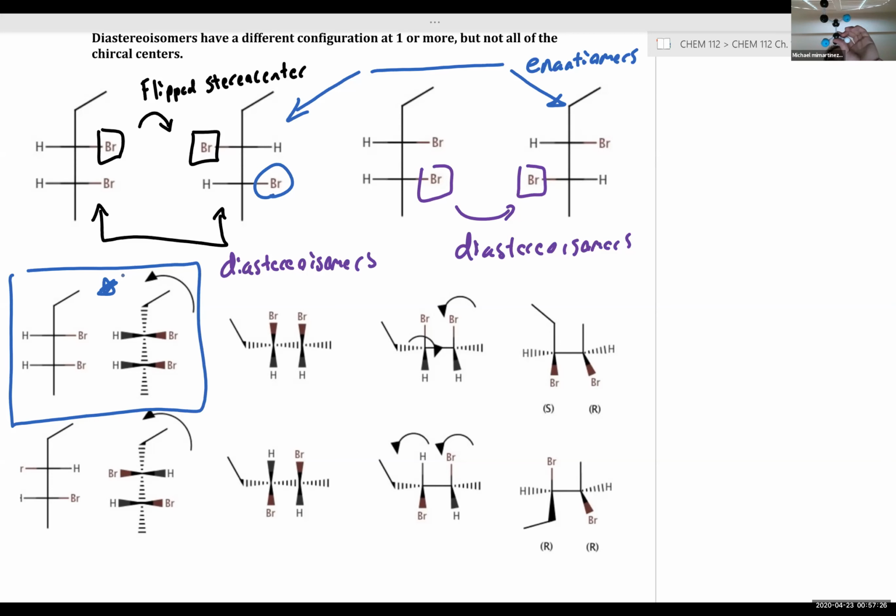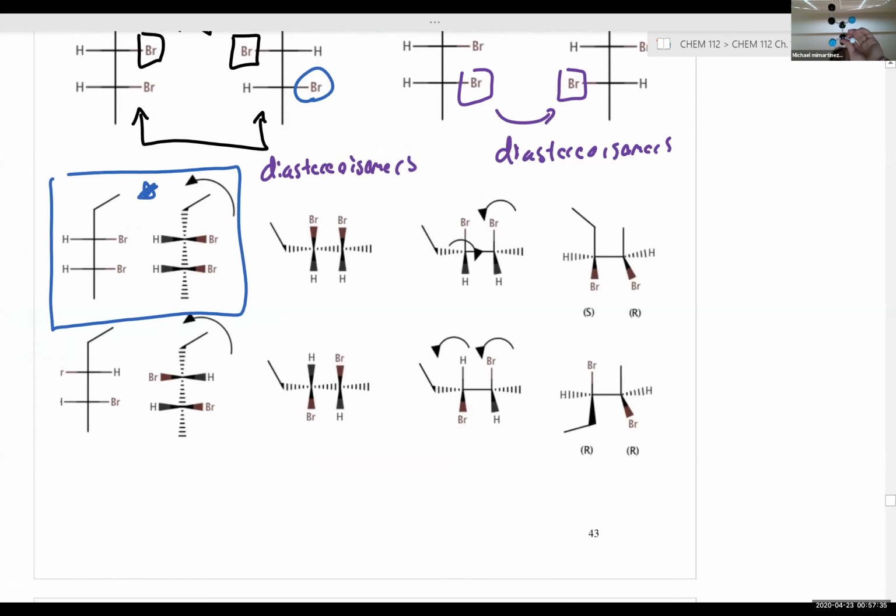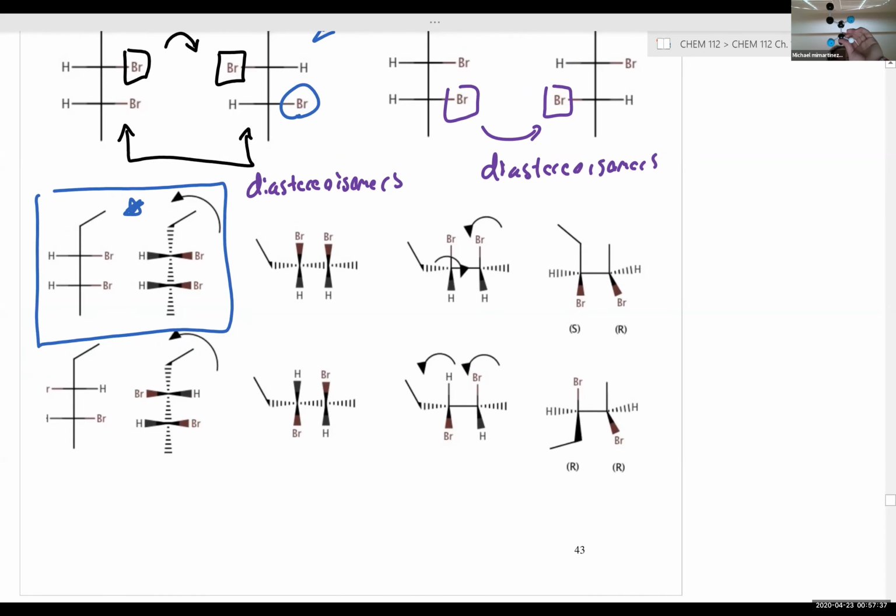And now all we have to do now that our hydrogen is in the back is draw what we see. Now, I'm going to rotate our perspective a little bit to make this slightly easier on us. And from that, we see that our ethyl group is on top. Our bromine is going out of the page.